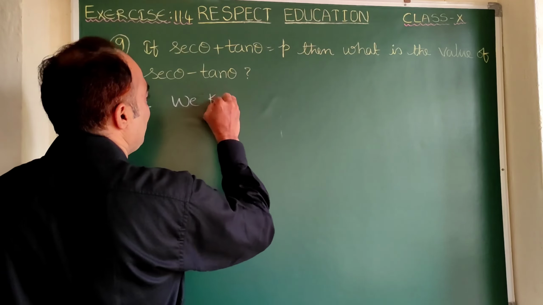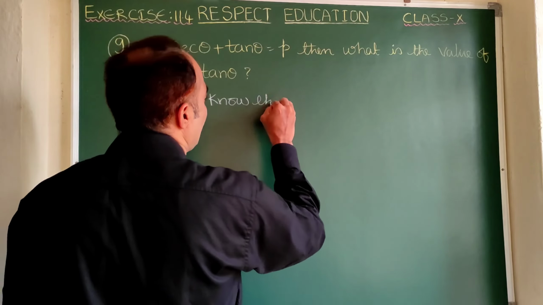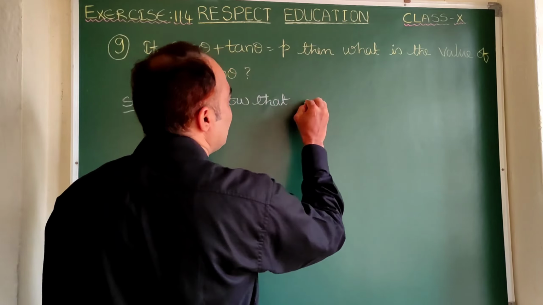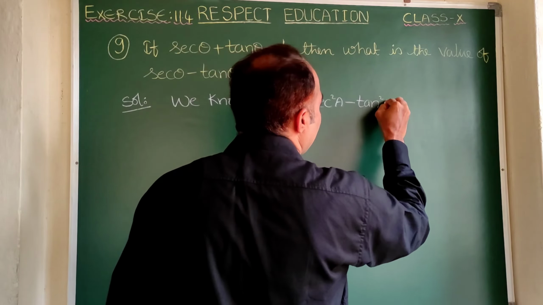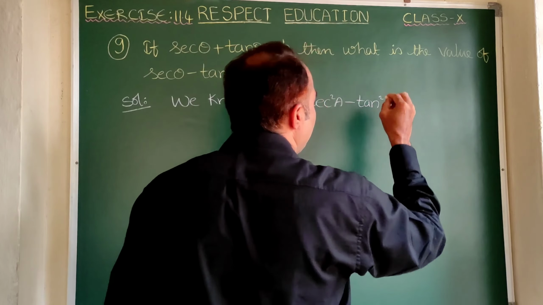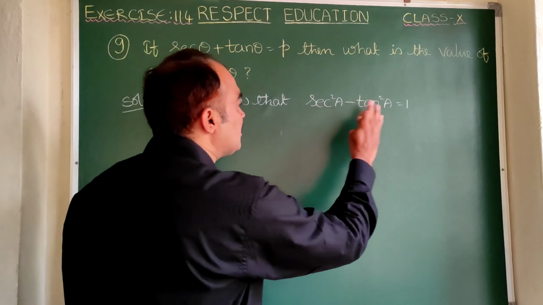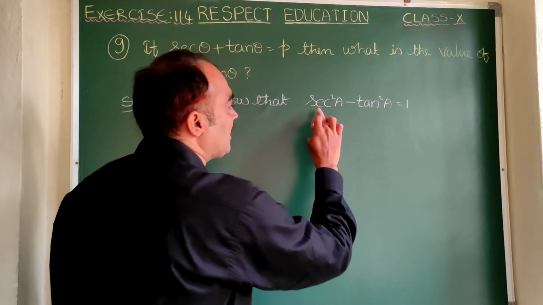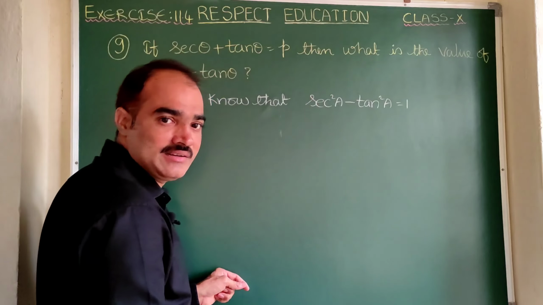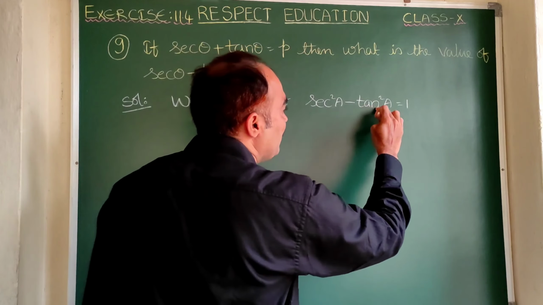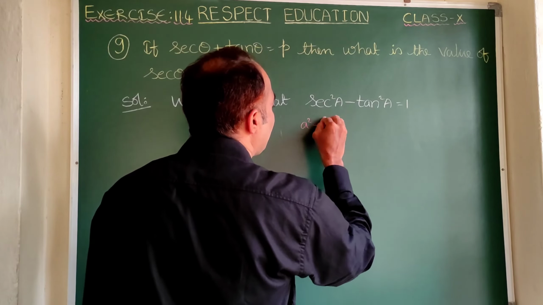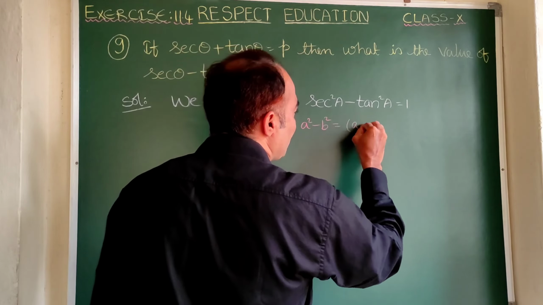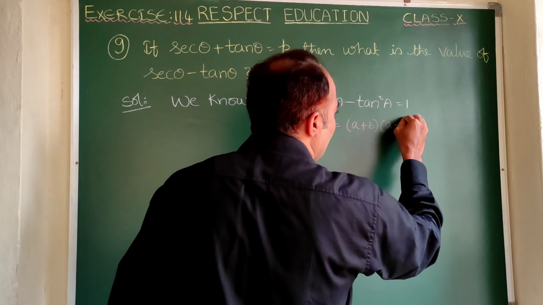From the trigonometric identities, we know that secant square A minus tan square A is equal to 1. Here you compare this with A square minus B square. In place of A, secant A is there. In place of B, tan A is there, so B square is tan square A. Now the suitable formula is A square minus B square can be written as (A plus B) into (A minus B).